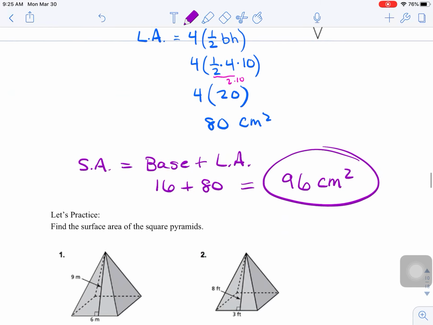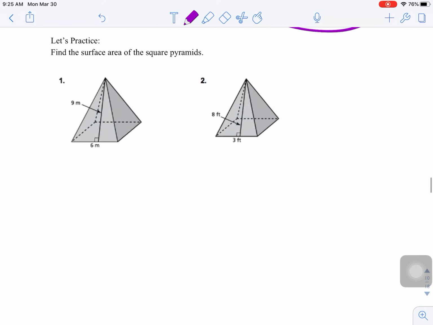All right, feel free to pause the video to try the 2 practice problems, or if you still want me to go through it with you, then just keep playing it on and taking those notes. If we look at the first one, our base is a square that is 6 by 6, which would give us a total of 36 meters squared. My lateral area is my triangles, so 4 times 1/2.